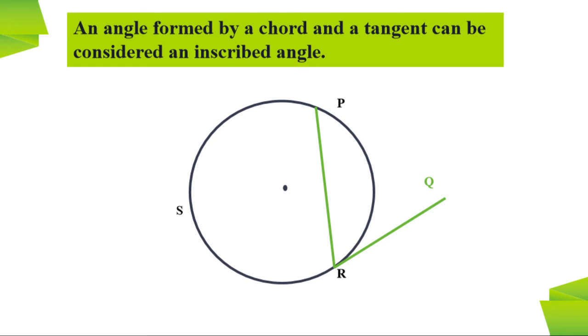Okay, so we also have some examples here for inscribed angle. An angle formed by a chord and a tangent can be considered as an inscribed angle. So this can be an example for inscribed angle. We have a tangent line and then a chord.